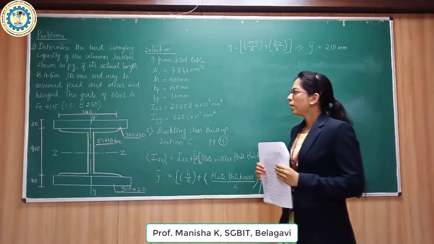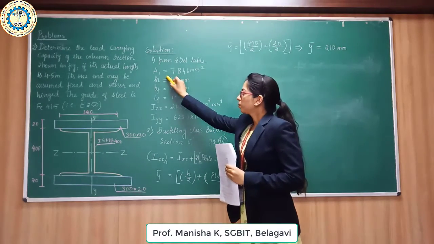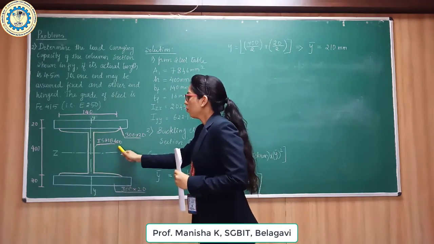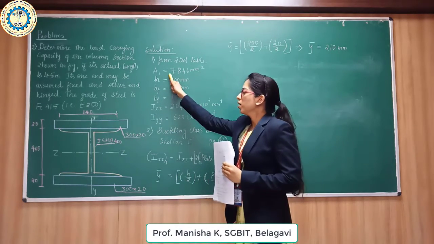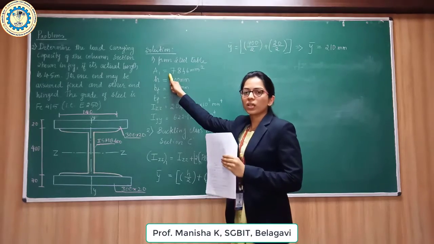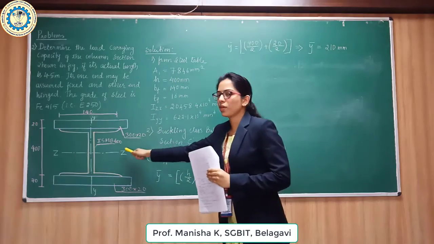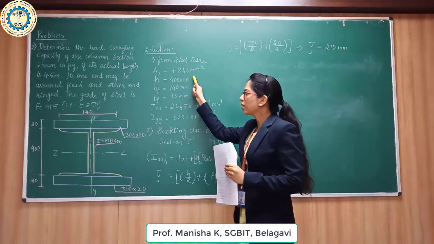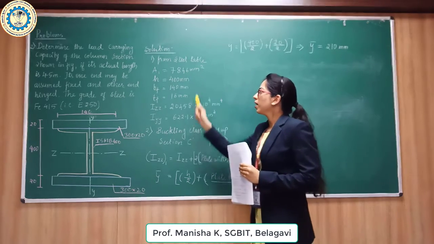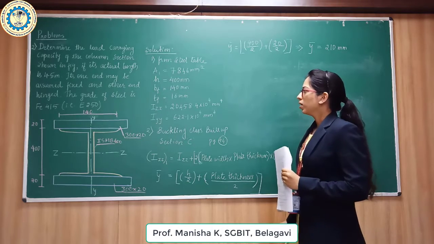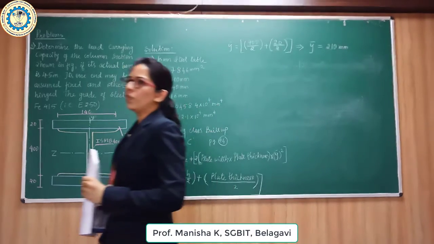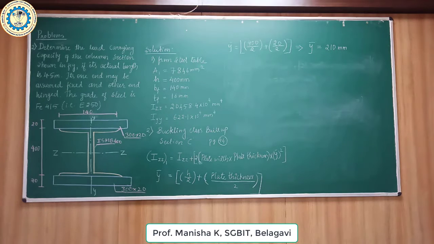And from steel table go to the ISMB 400, okay, and find out A1, that is the cross sectional area of an ISMB 400, which is there in your steel table, that is 7846 mm square. Now H is equal to 400 mm and flange breadth is 140 mm.